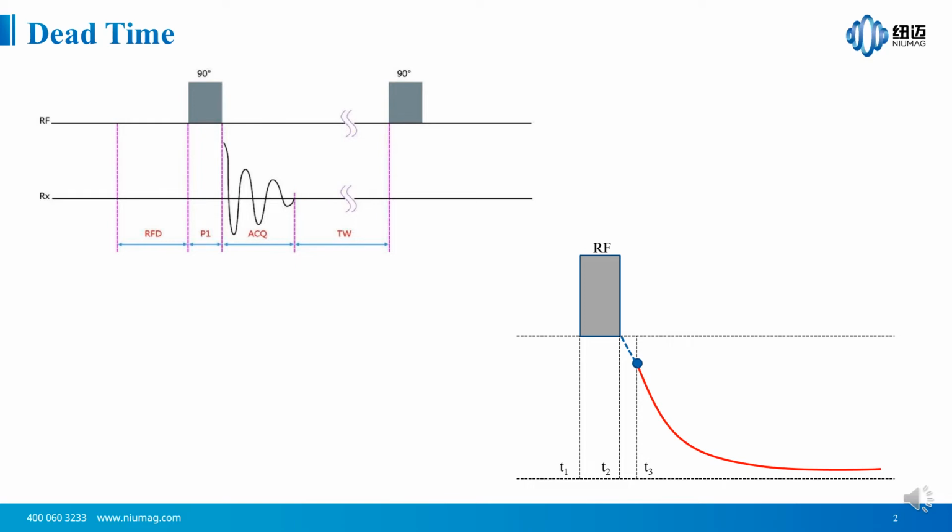But for fast relaxation samples, such as solid samples like plastics and polymers, the relaxation is very fast, maybe a few microseconds or even less. Then the instrument dead time is very critical. If the instrument dead time is too long, we will lose the fast relaxation part of the signal. We need to shorten the instrument dead time as much as possible to acquire more original signals.